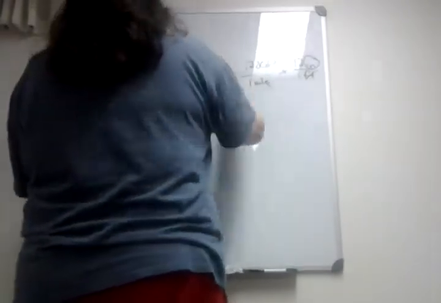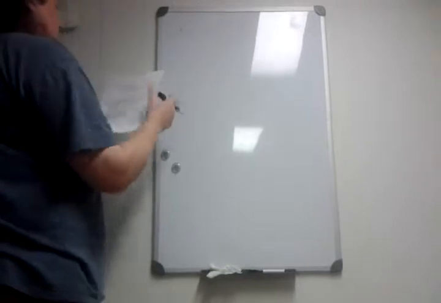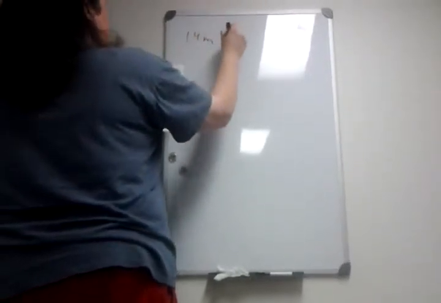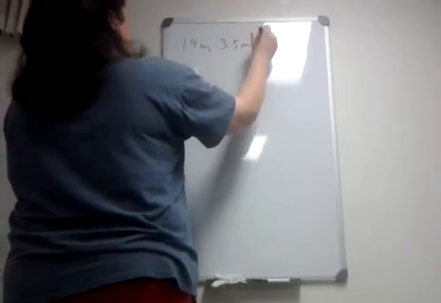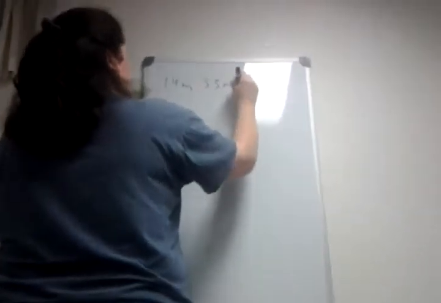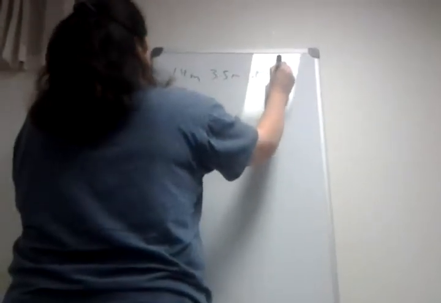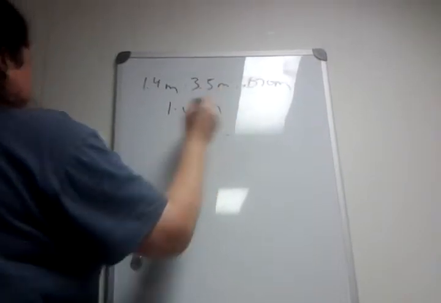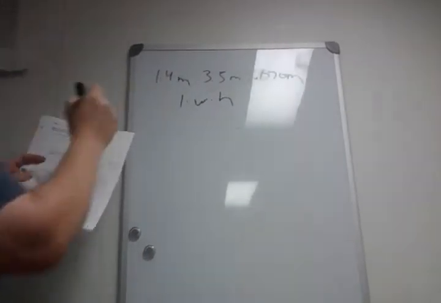Okay. Now let's do number 2. This is giving you a volume. It tells you it measures 1.4 meters times 3.5 meters times 0.070 meters. It wants to know its volume. Well, volume is length times width times height. And I told you that in the equation.